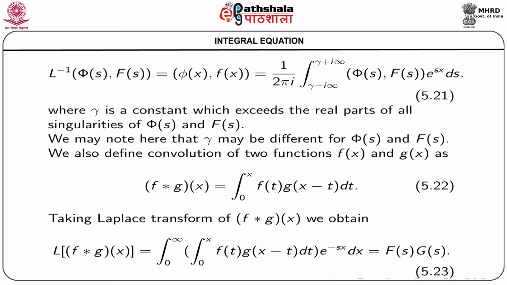If we interchange the order of integration and substitute p for x minus t, then after simplification we will find that Laplace transform of convolution of two functions small f and small g is equal to product of capital Fs and capital Gs, where capital Fs is the Laplace transform of small fx and capital Gs is Laplace transform of small gx, as given in equation 5.23.